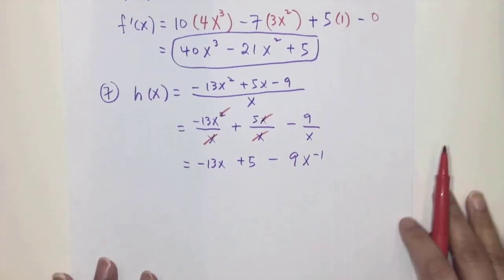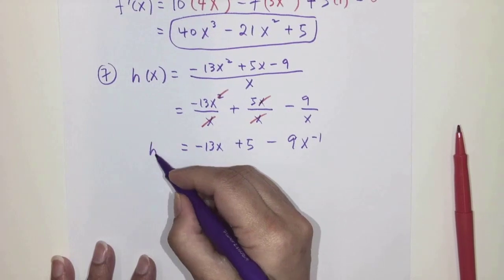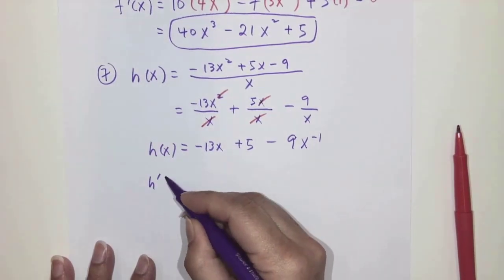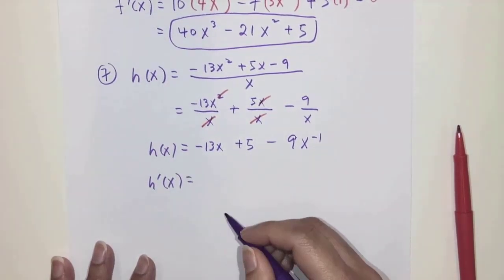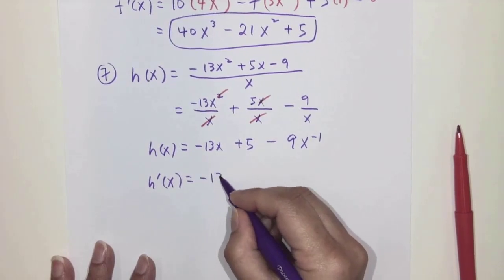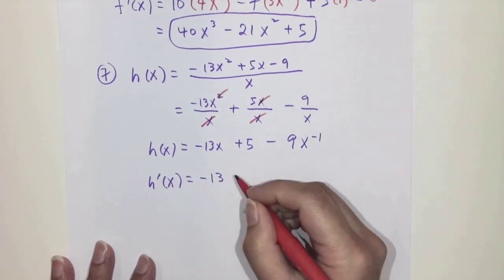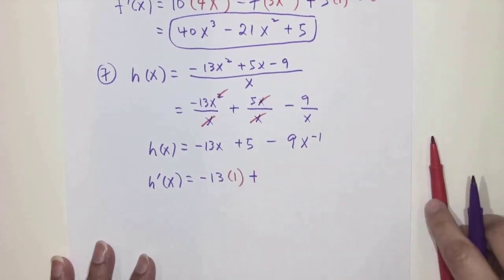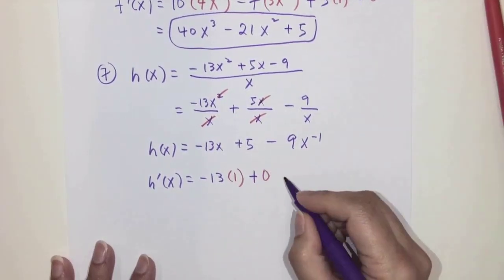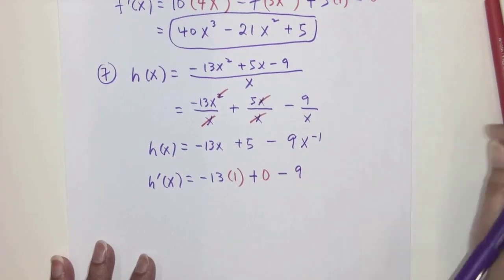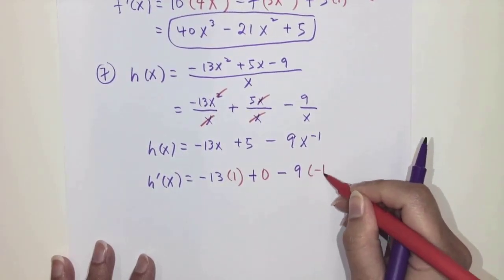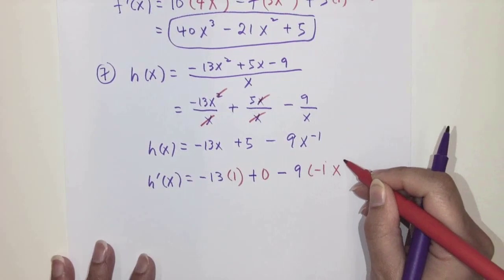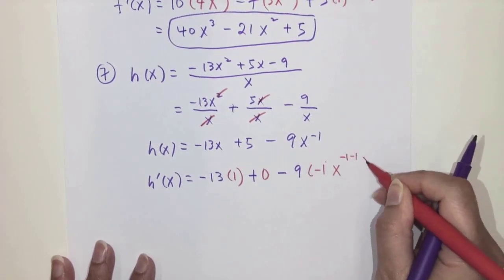So I can take the derivative of that. That's your h of x. If I take the derivative, h prime of x, the first one is going to be negative 13, stay like that. X will turn to 1. And a constant, taking the derivative, is going to be 0. And the last one would be a negative 9, stay there. Bring down the exponent. And then your x is going to be 1 degree less, right?